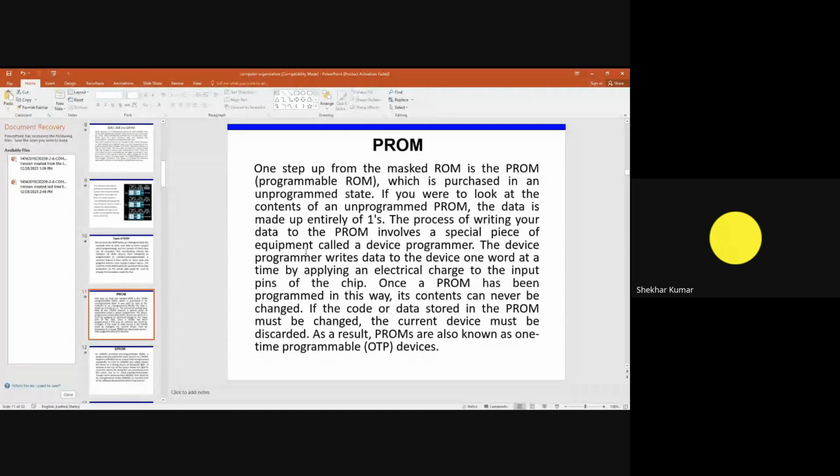That requires only one time to write the information or the program. And this writing is usually done by a special PROM programmer, or there is a requirement of a burner device in the PROM part.